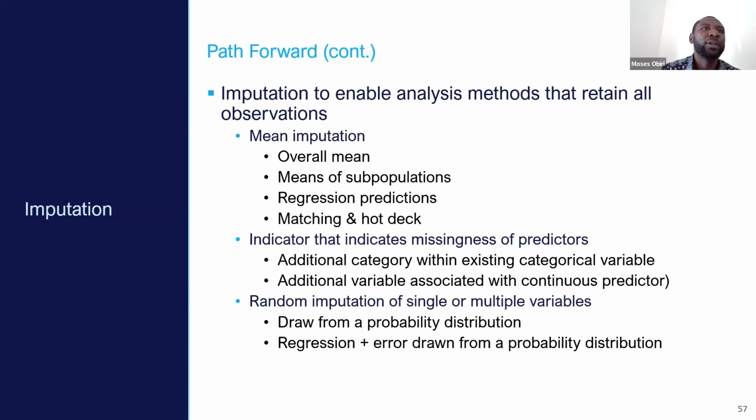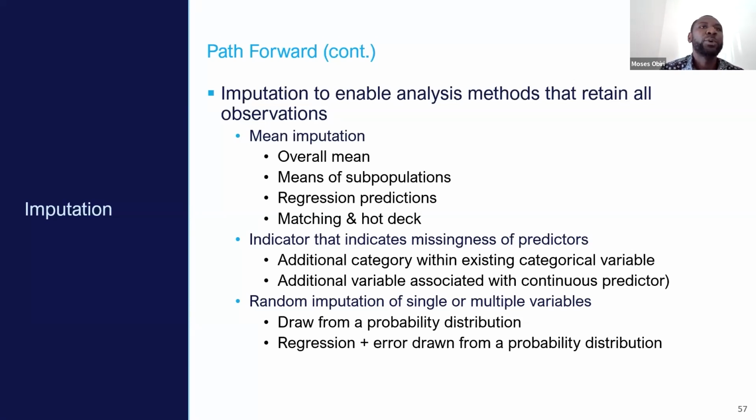You can also do indicator imputation, where if your variable is categorical, you add a new level for the missing values, so that you get an extra level for your categorical variable. If it's a continuous variable, you can use an indicator variable where, if you observe the value, you assign it a value, say 1, and if you didn't observe any value, you assign it 0.